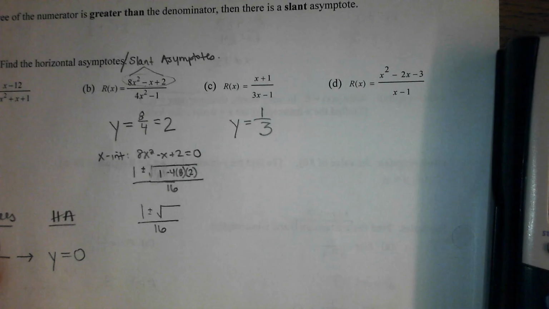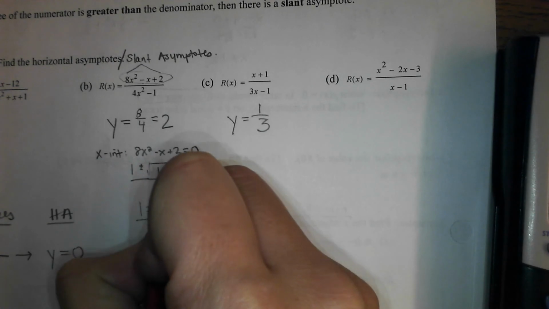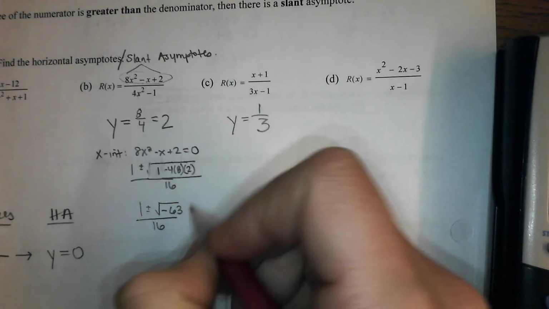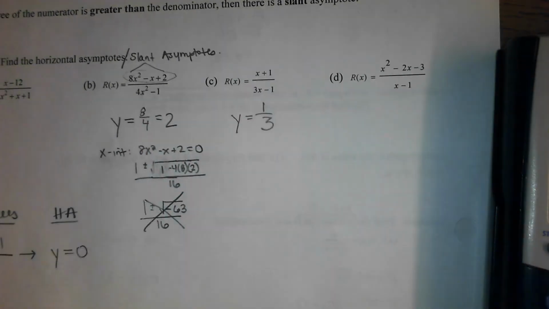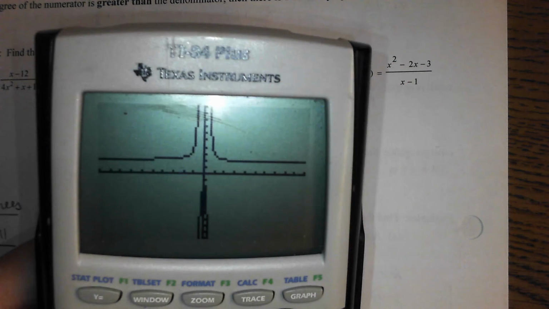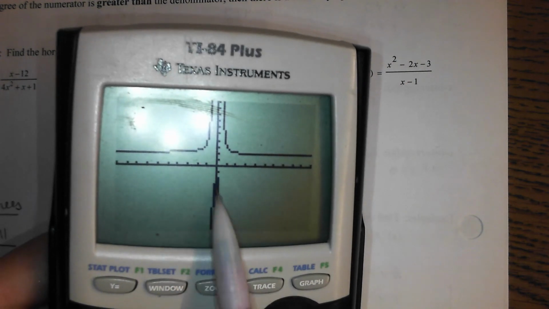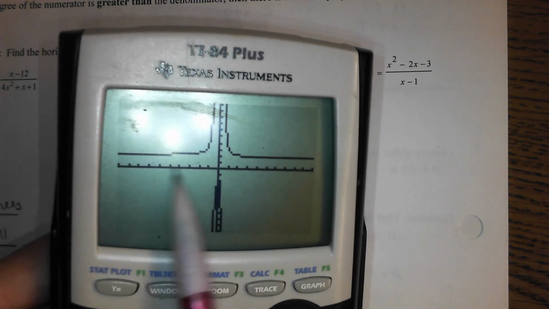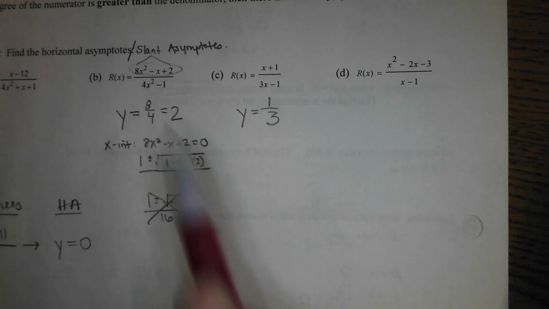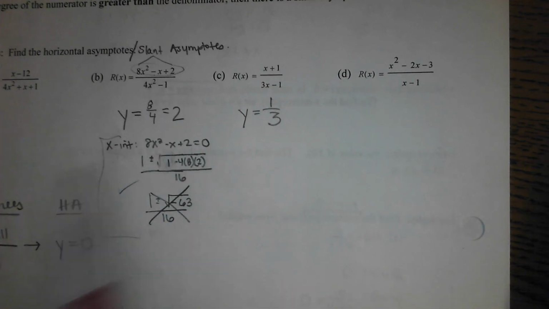B squared is 1. 1 minus 4ac. So this is imaginary, right? It's a negative number, negative 63. Doesn't matter. They're imaginary. So you have no x-intercepts. And if you look at this graph, something's happening down here, but it's definitely not getting high enough to cross the x-axis. So that kind of matches up with why we have no x-intercept.